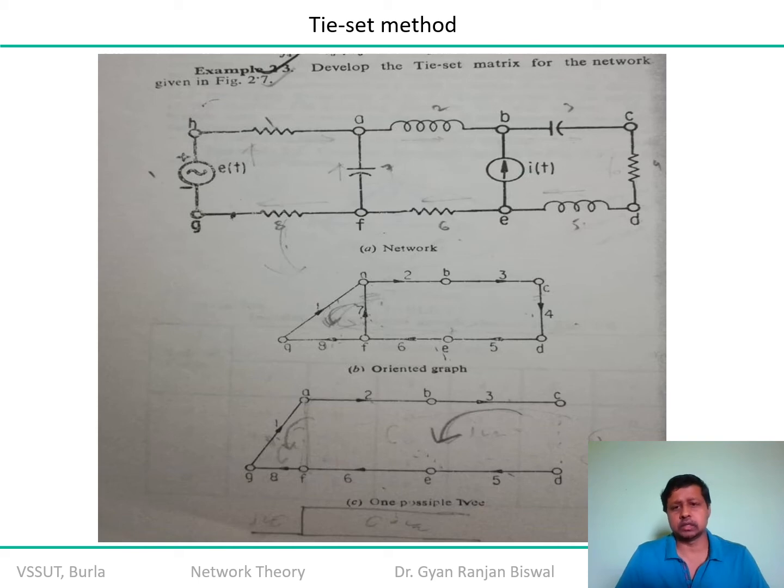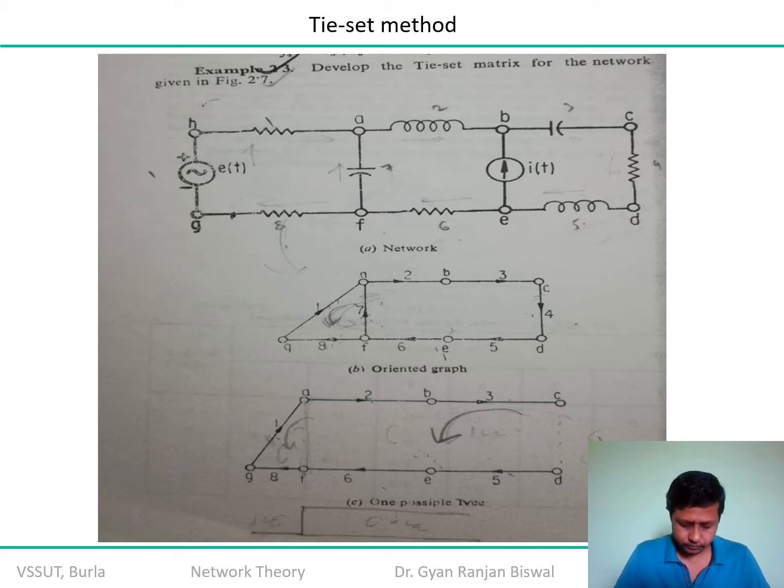B and E are connecting another inductor participating in the network. E and F are interconnecting another resistance. F and G are connecting another participating resistance which is connected to the lower potential of the voltage source, and the higher potential of the voltage source is connected through a branch, that is H and A, whereas GH represents the branch of the voltage source.